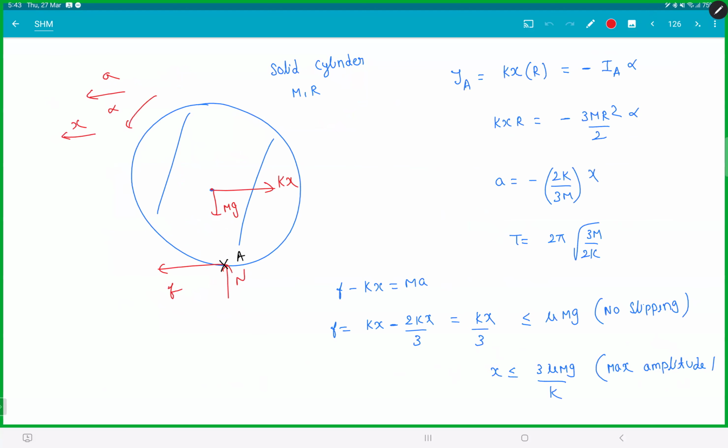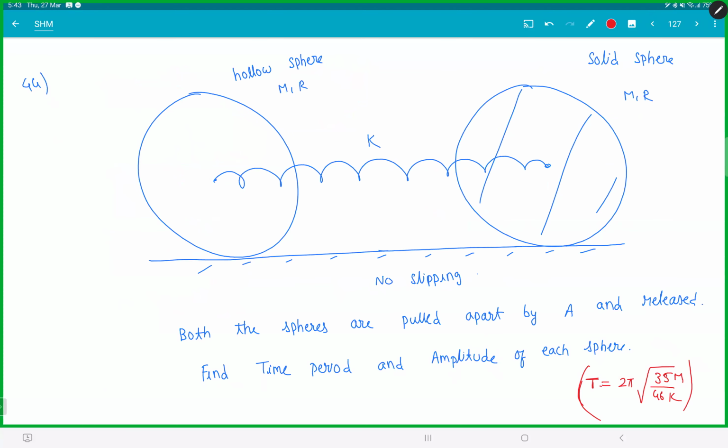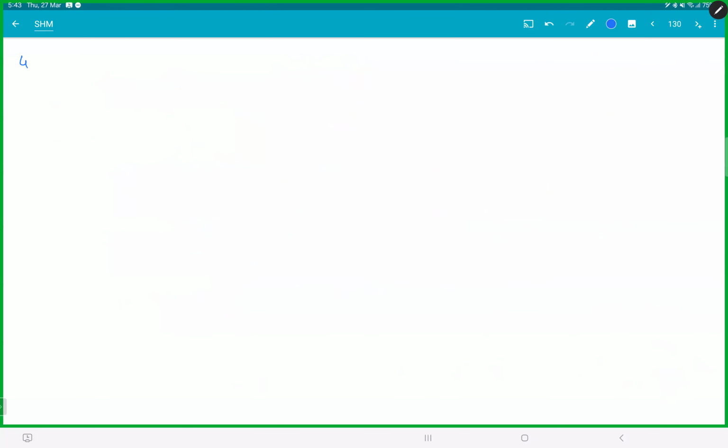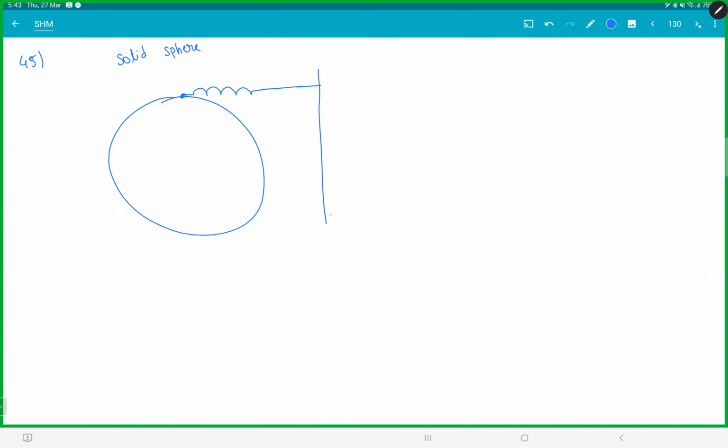Let's see one more. We'll do sphere one only, and then we'll go to that. So we got a solid sphere. We have a spring connected to the top, a spring here, and a spring here.